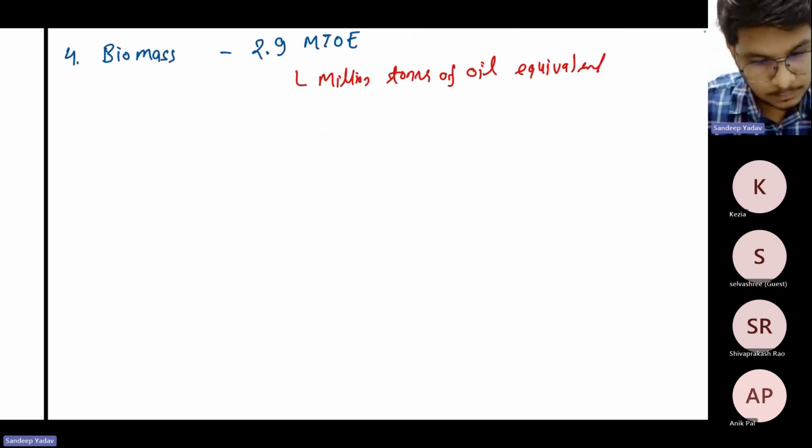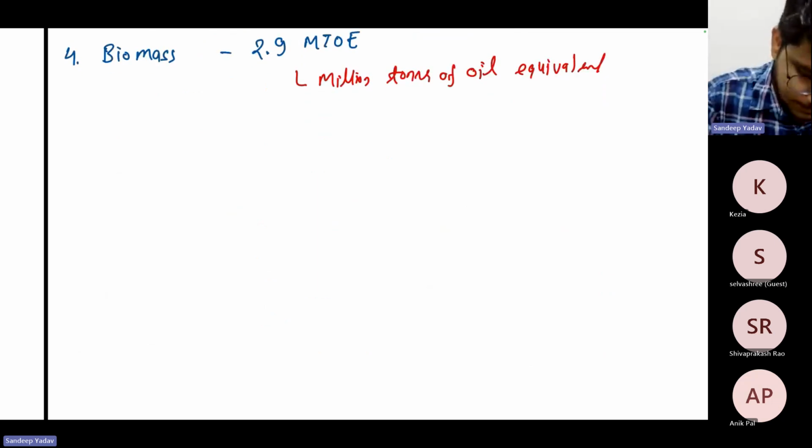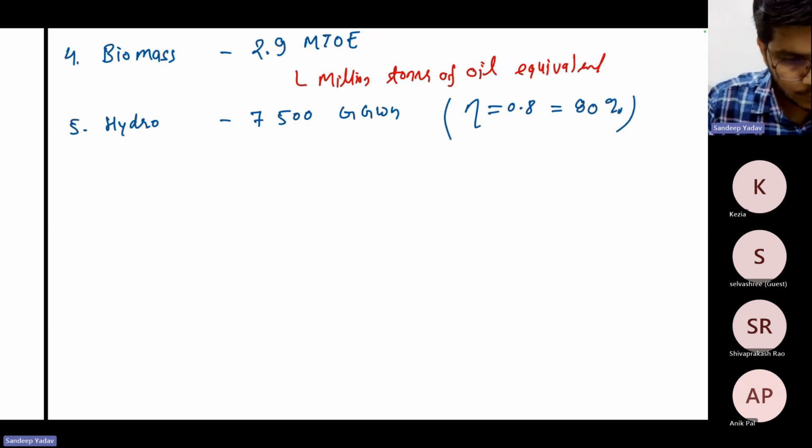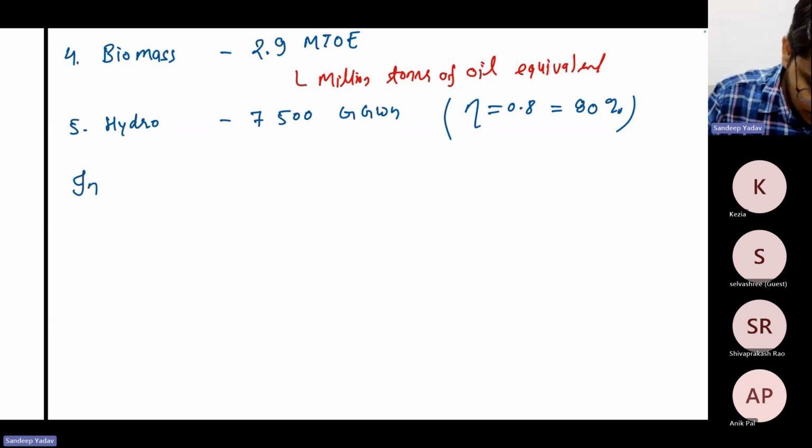Now the fifth and final thing is given, hydro. Hydro is 7,500 gigawatt hour, and efficiency is given 0.8, that is 80%. So now what is the total installed capacity?